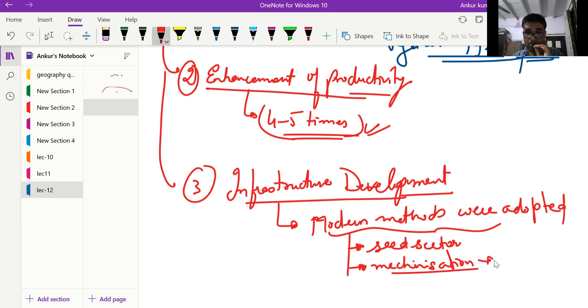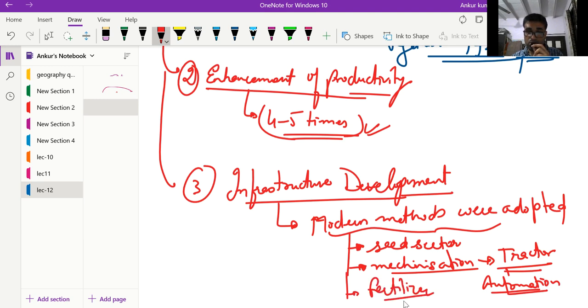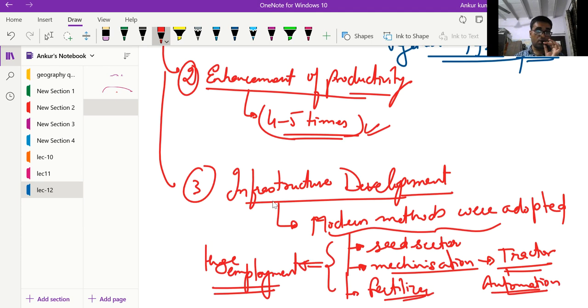Because of this mechanization, demand for tractors increased, so the automobile sector boomed. The fertilizer sector developed. These sectors had positive externalities and provided huge employment. So this was the infrastructure development and how it had positive externalities with other sectors.